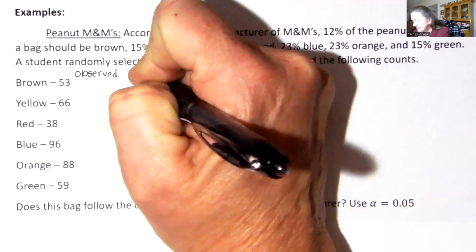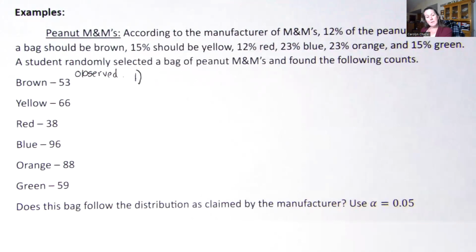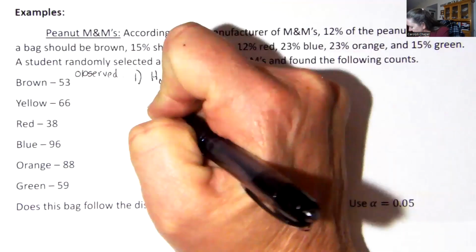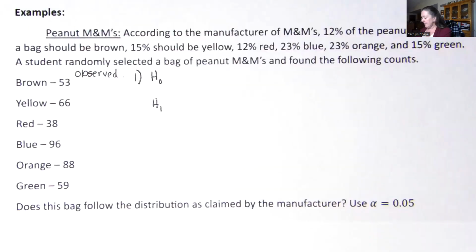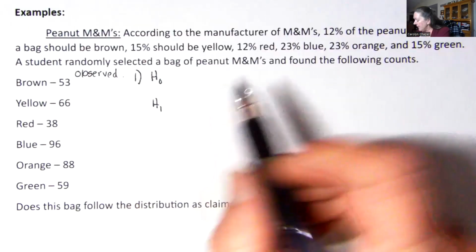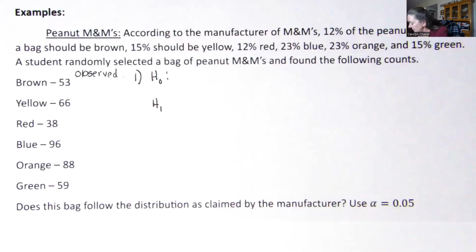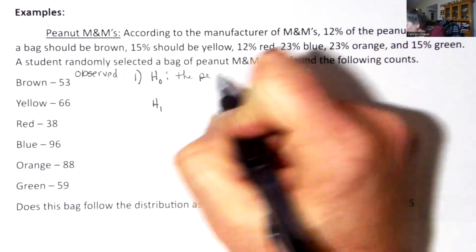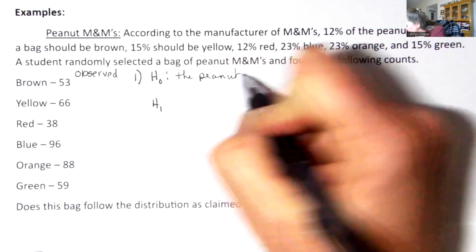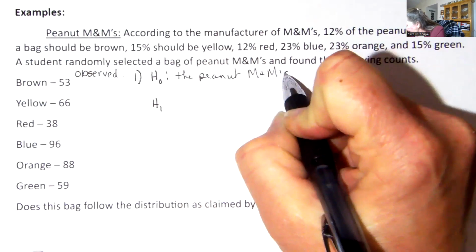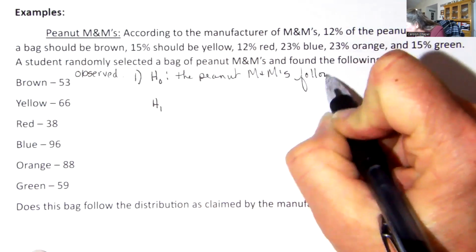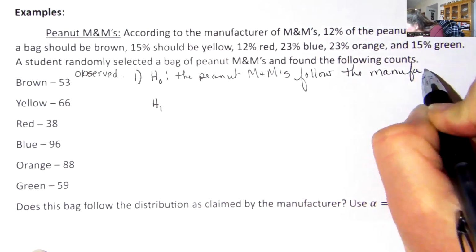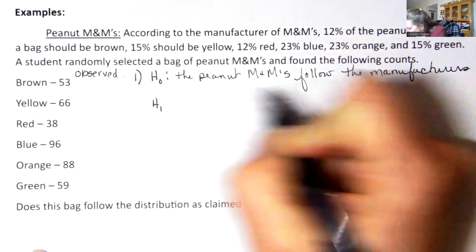But we're going to go through our 5 steps. Step number 1 is to write our hypotheses. So again, the null hypothesis and our alternative hypothesis. The null hypothesis will always be, in these types of situations, that the peanut M&Ms follow the manufacturer's distribution.